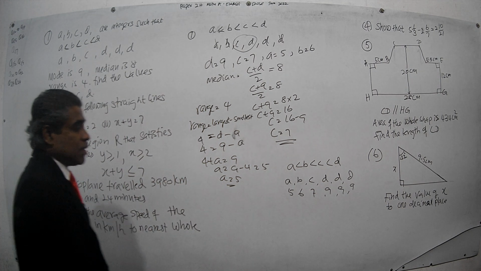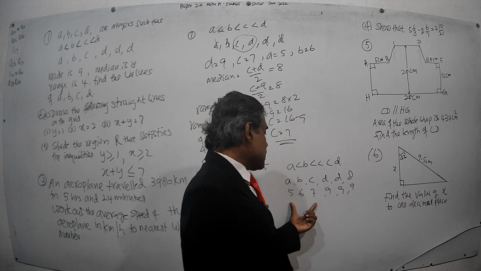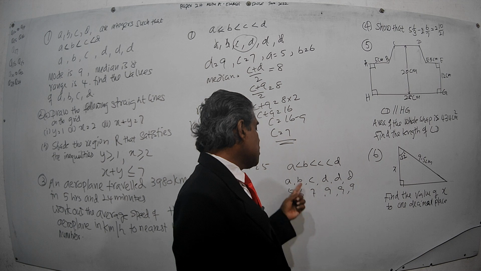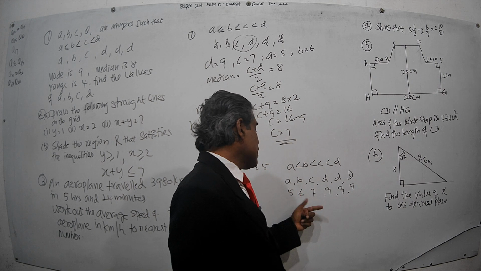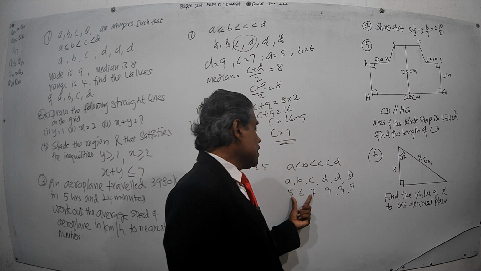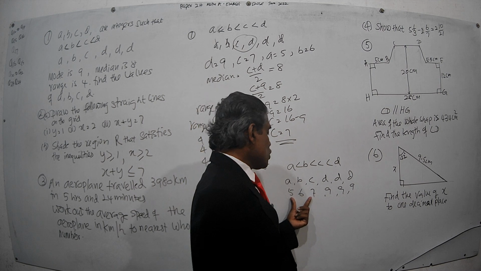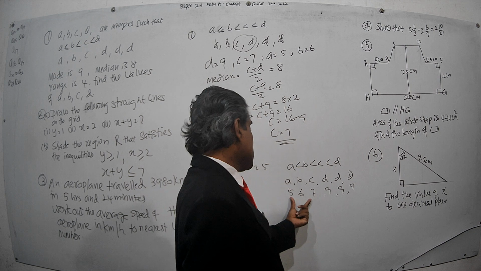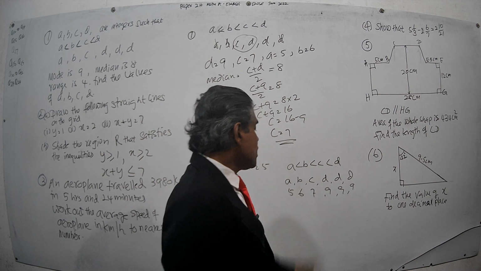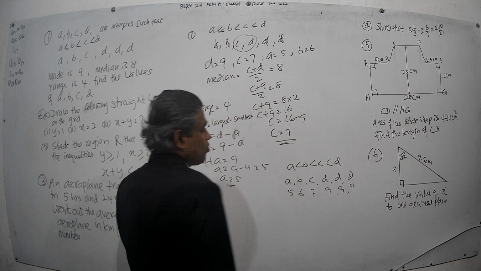An integer is a whole number. Then we know the 2 integers on both sides of B, on the left of B and on the right of B. By considering those 2 integers on the 2 sides of B, we can find the value for B.